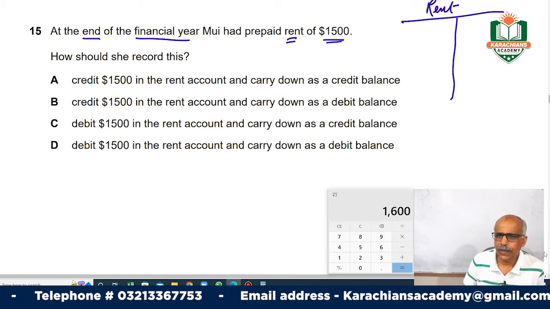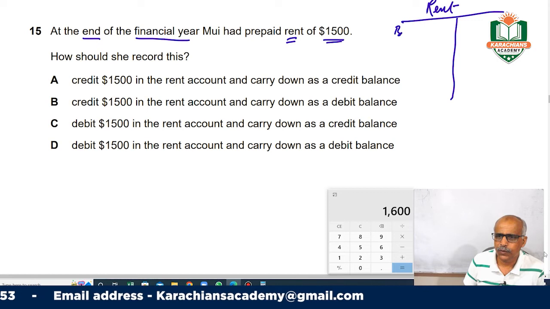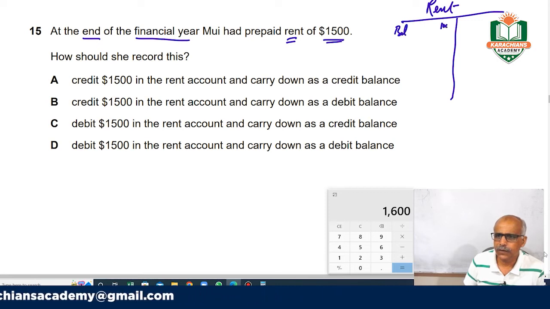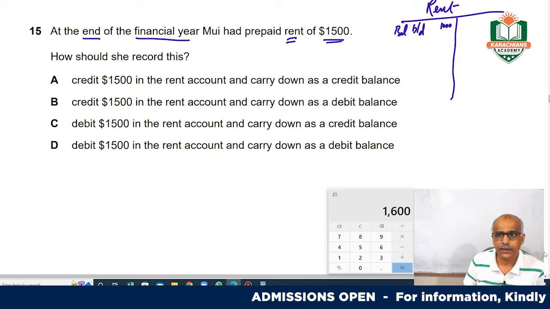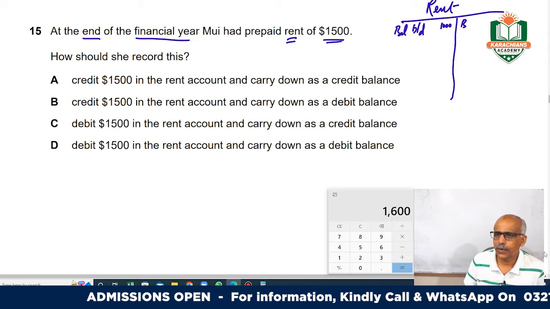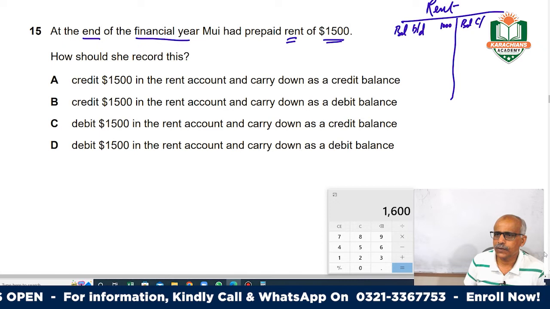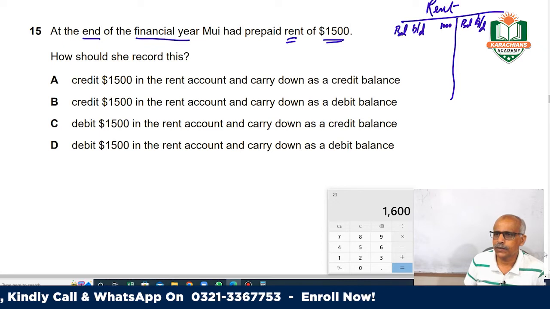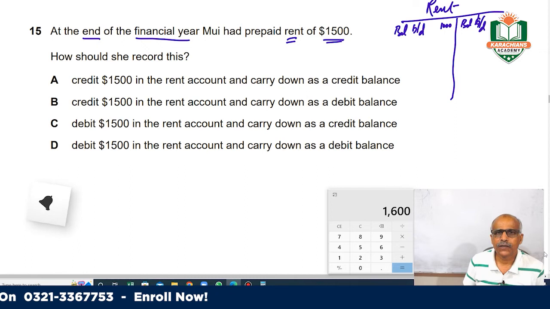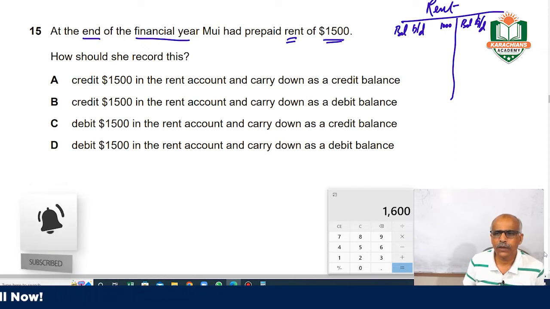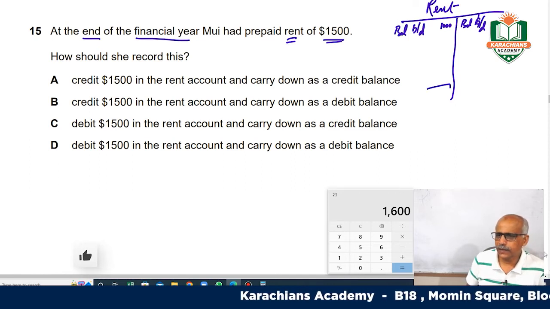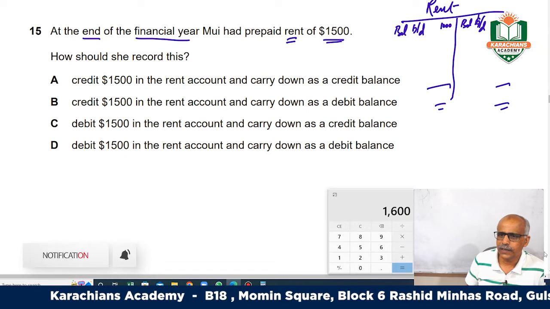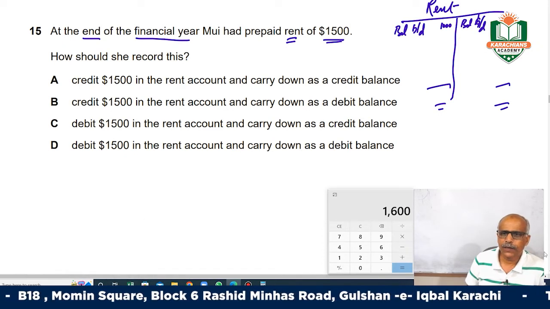If you have an opening balance, a debit balance brought forward, say 1,000, and it is brought down, it means it is prepaid, an asset. But if the balance brought down is a credit balance of 1,000, it means it is outstanding, a liability you have to pay. At the financial year end, prepaid was 1,500.